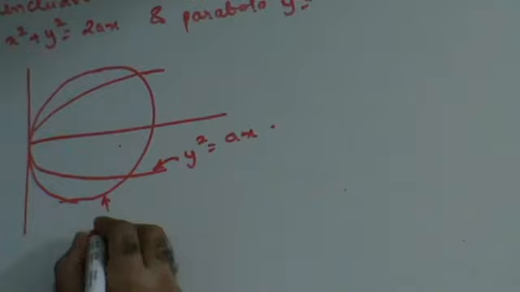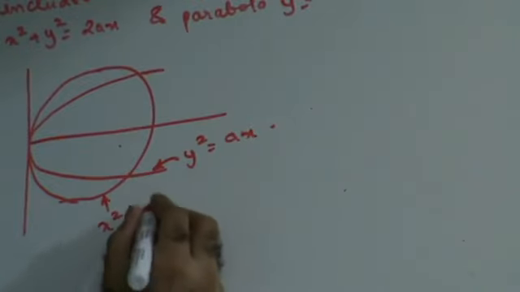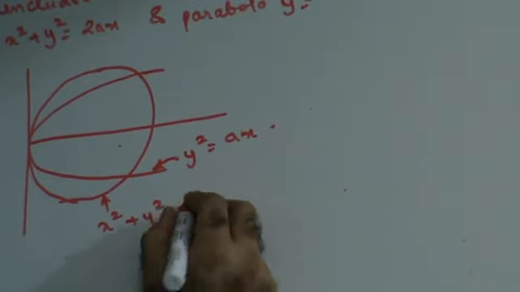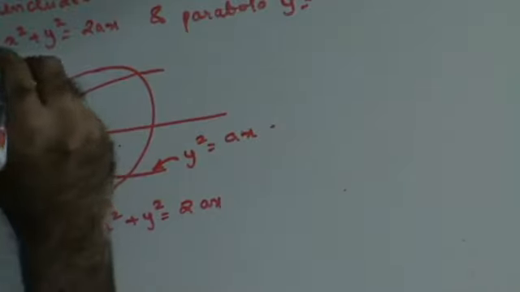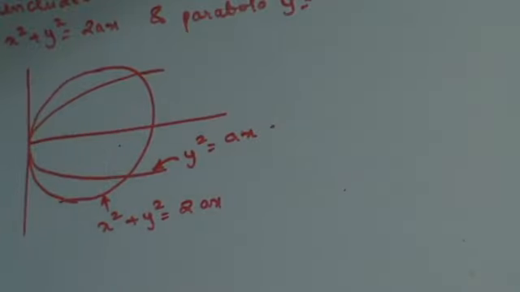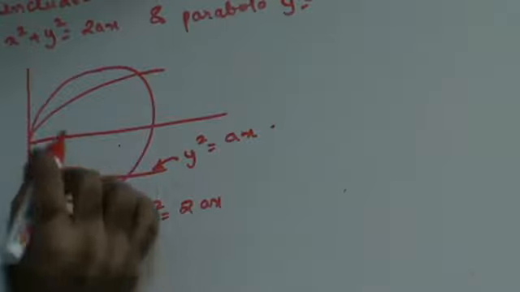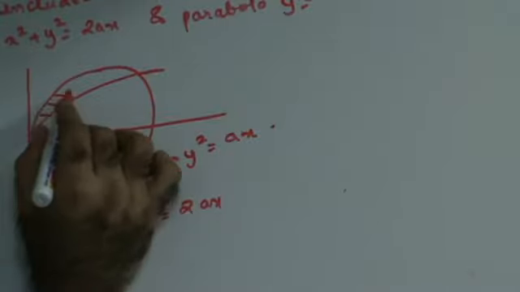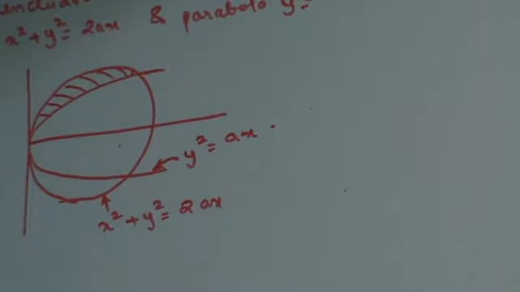The equation of circle is x square plus y square is equal to 2ax. You have to find the area of the region lying above the x-axis and included between the circle and parabola. That means you have to find the area of this region.